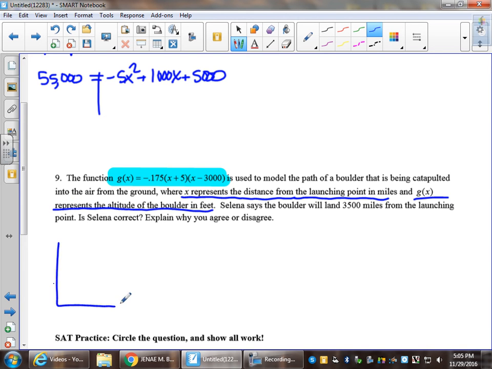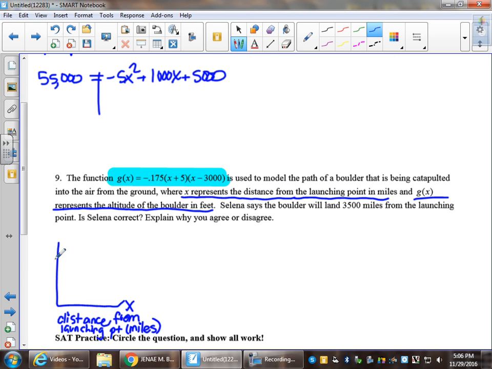So sketching a picture is always a great idea on all of these, really. So x is distance from launching point. In fact, please draw a picture for all of these because we'll go over your picture tomorrow. Distance from launching point, and that's measured in miles.